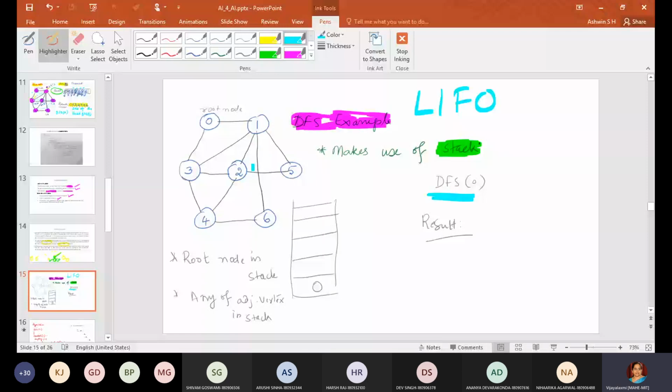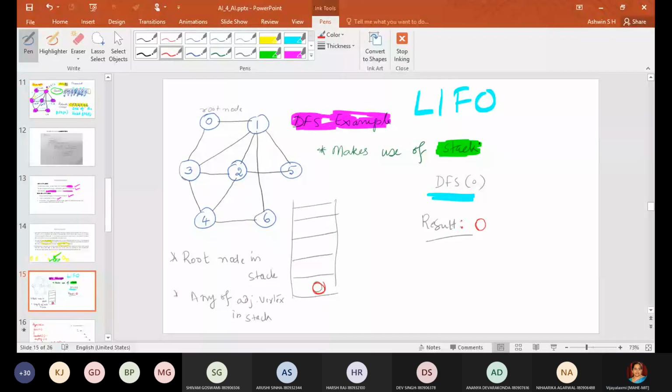Now the first root node goes in the stack. So here I have put 0 in the stack. This is the result, DFS of 0, which we have to display.